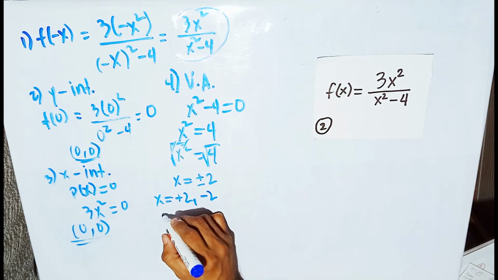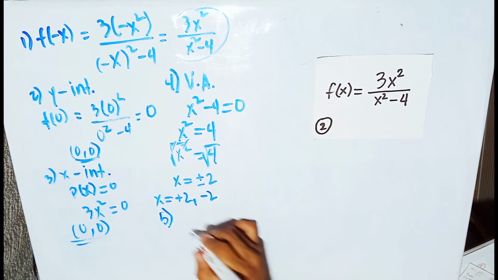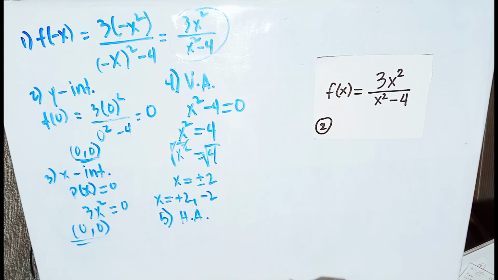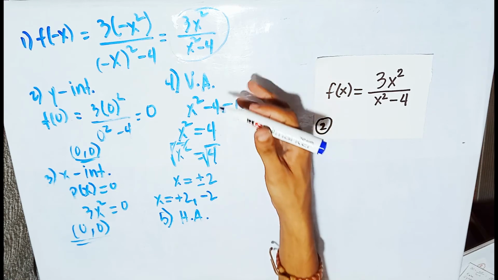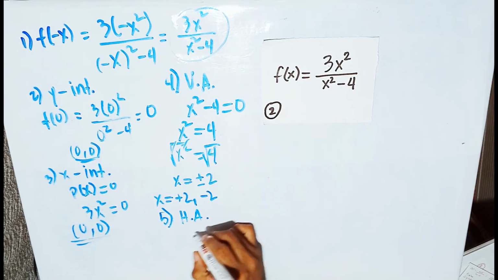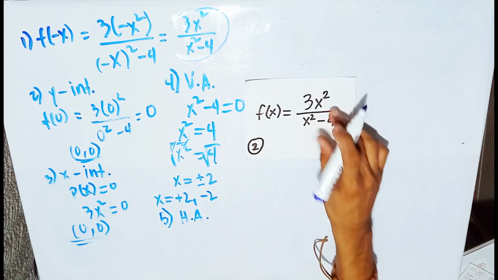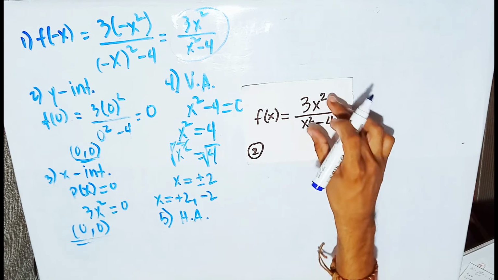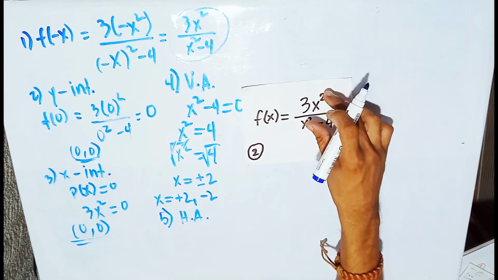Next, we have the horizontal asymptote. Number 5, our horizontal asymptote will be, kunin natin yung highest degree on the numerator and highest degree on the denominator. Kung napapansin natin, yung highest degree sa numerator is 3x raised to 2, at sa denominator naman, we have x raised to 2. At we have equal degree.